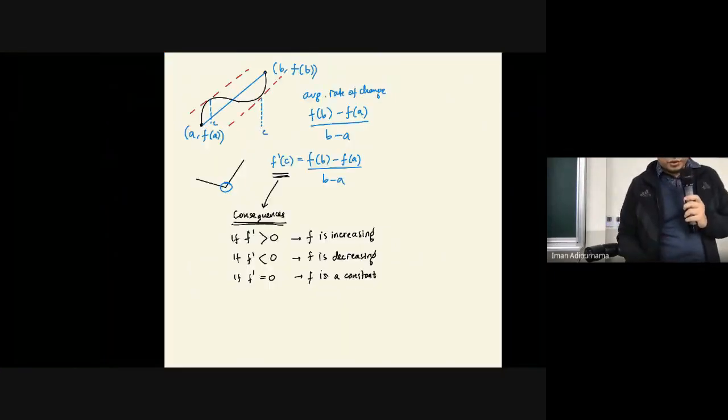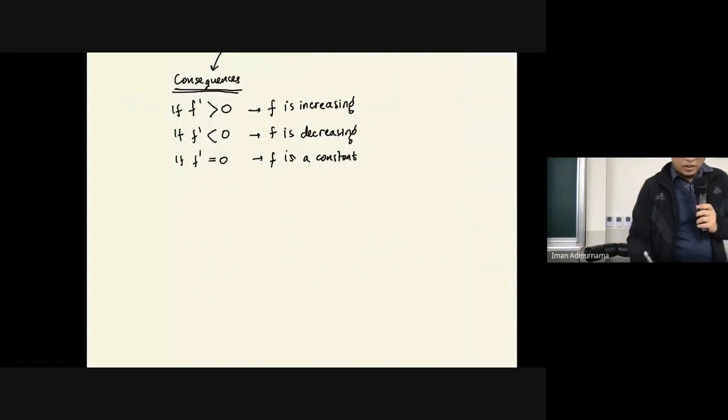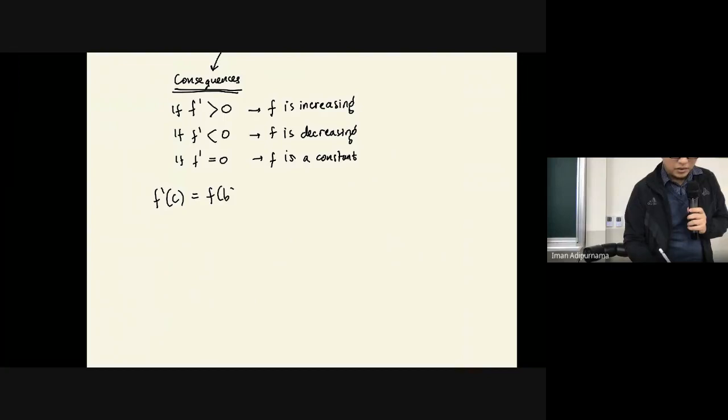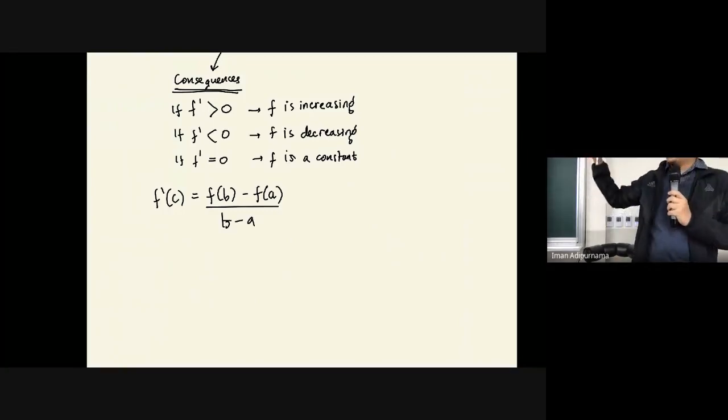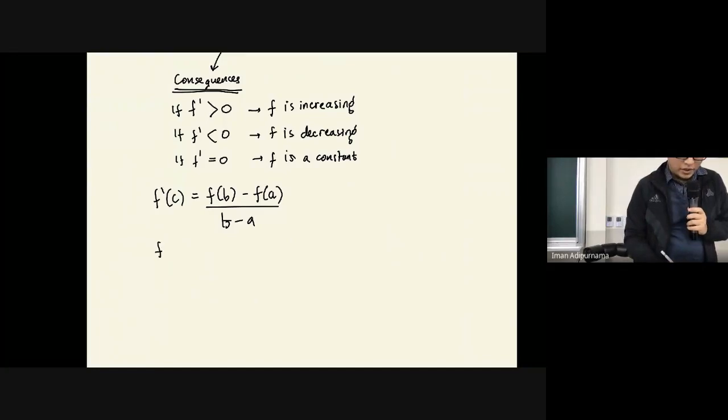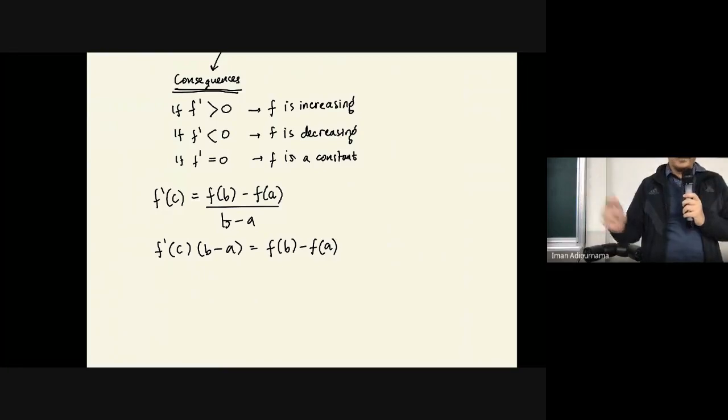But before that, let me show you. I will write the formula one more time here. This formula, I will rewrite and change into some other form. Let me write this as f prime c times b minus a, and let's write it in terms of f of b.